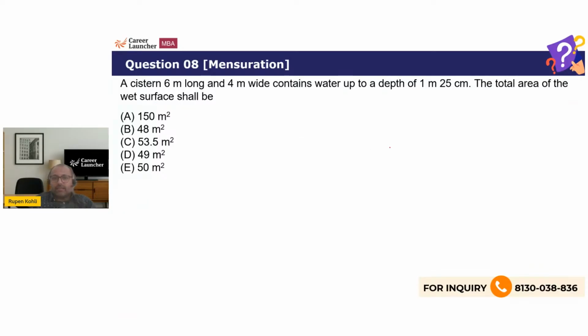So when you have an open cuboid and there's water in this, what is your wet surface going to look like? There's water surface on the top, there's a water column, right?